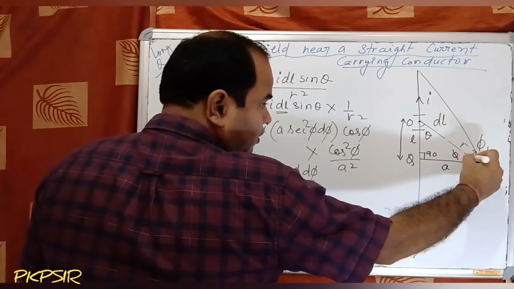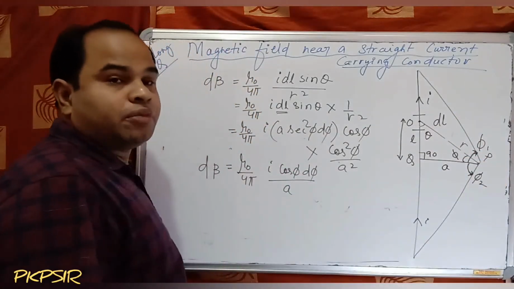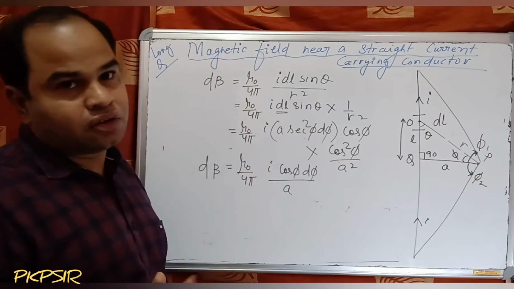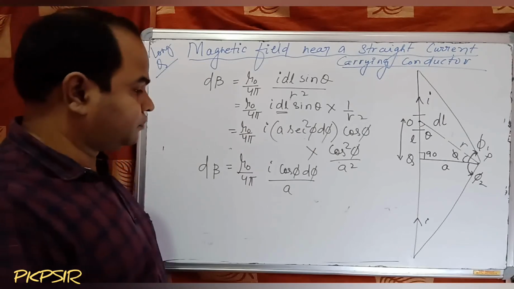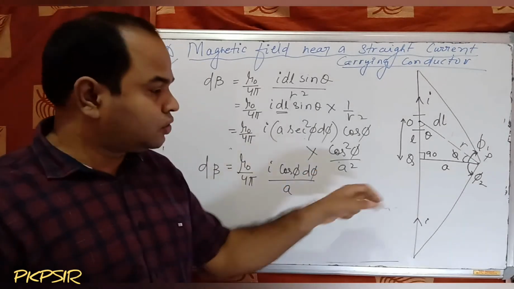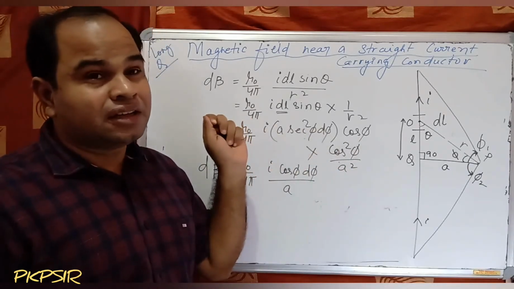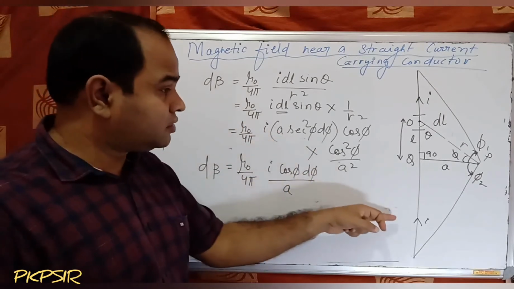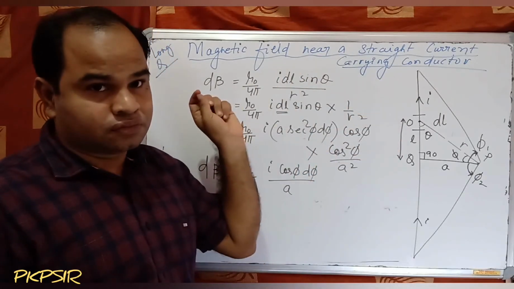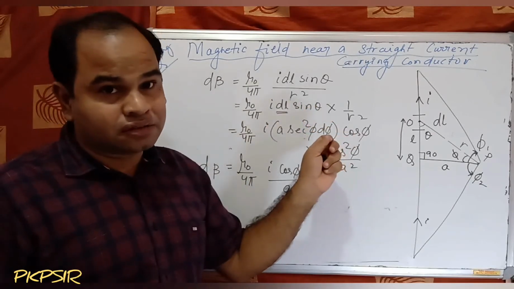This is phi 1 clockwise, this is anti-clockwise. We take clockwise angle as positive and anti-clockwise as negative. So to find the net magnetic field due to the straight current carrying conductor, we have to integrate across its total length. The total length is in terms of theta, sorry, phi.